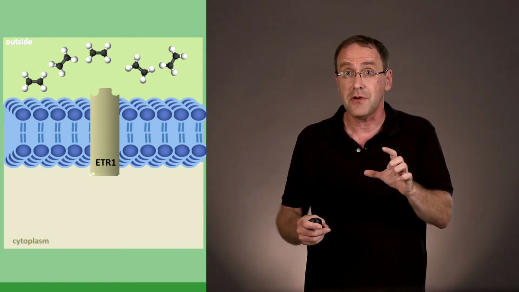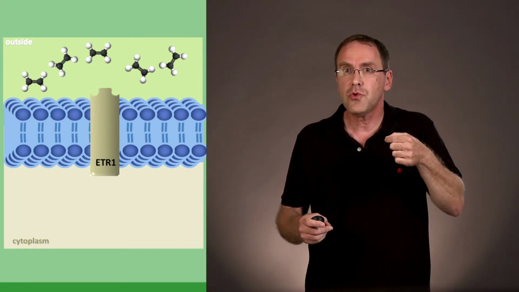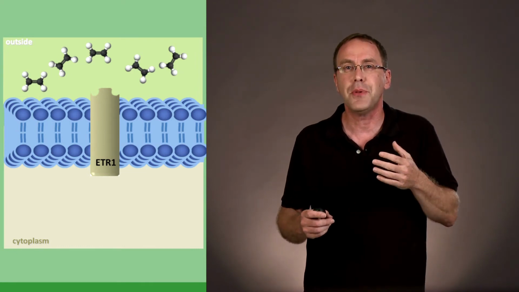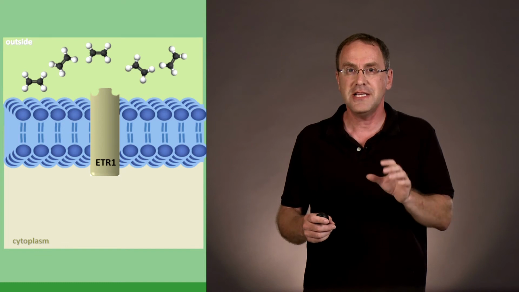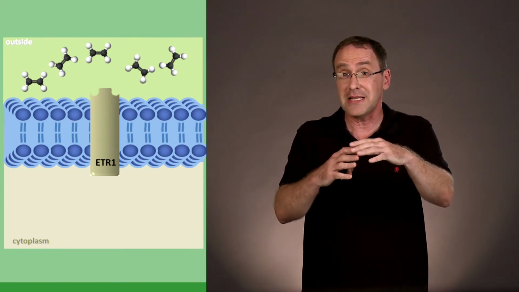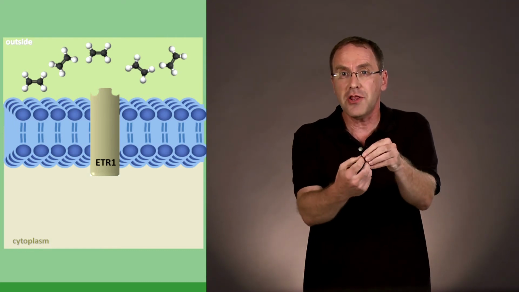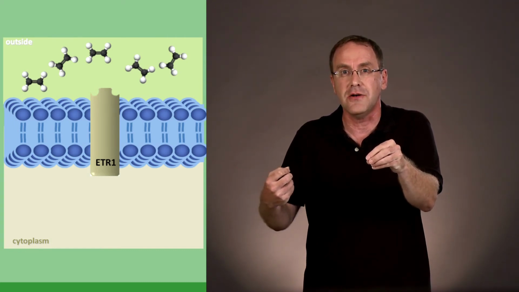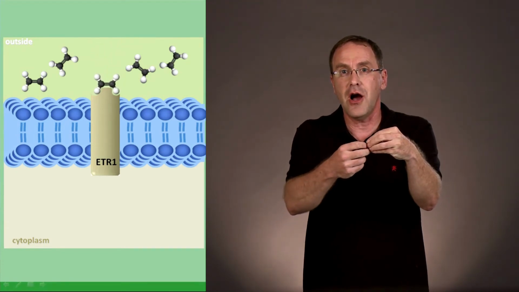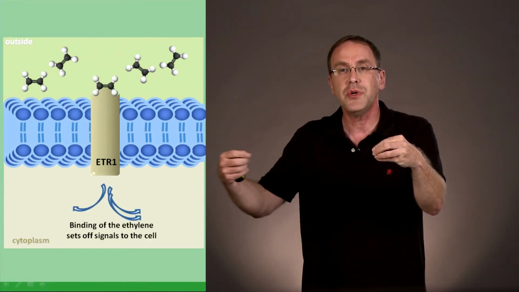And this receptor, similar to the way human olfaction receptors work, is found in the plant membrane. This receptor, which is called ETR1, is bound by the plant cell membrane and has part of the protein that goes inside the cell, such that when ethylene binds the ethylene receptor, it causes some type of signal to go into the cell.